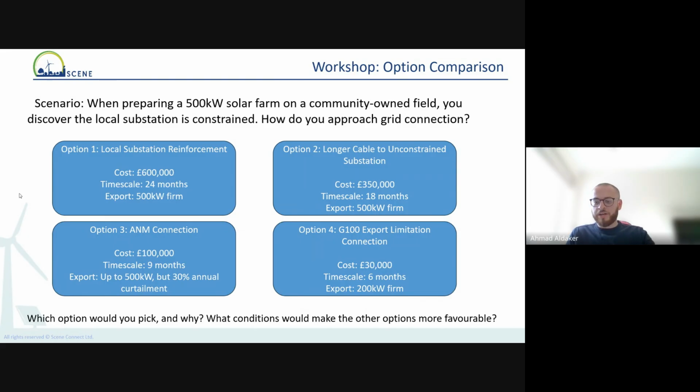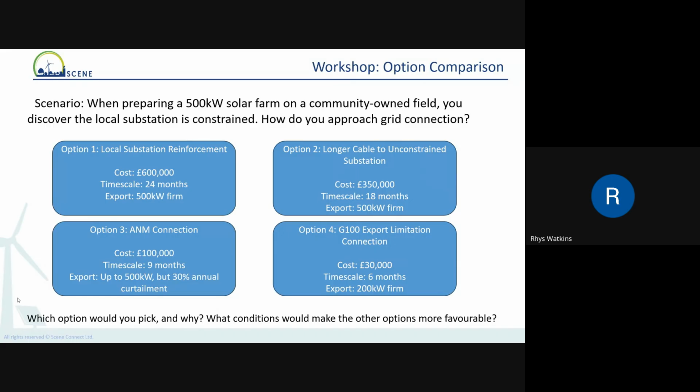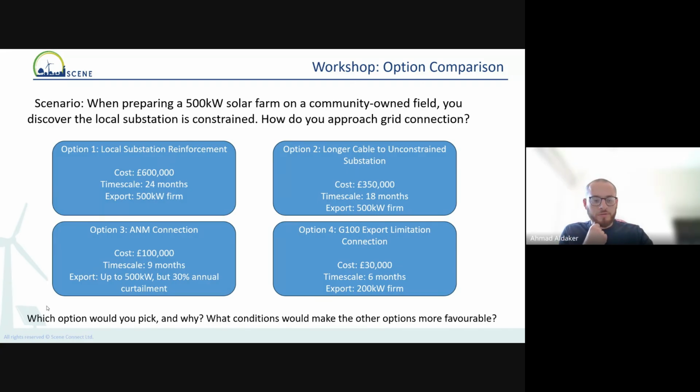So yeah, any thoughts from Reese or Elliot on this one? Hi, Ahmad. Yeah, I think it's more about balancing what each community group wants. I think you've kind of covered that. Community input is definitely a very important factor here.